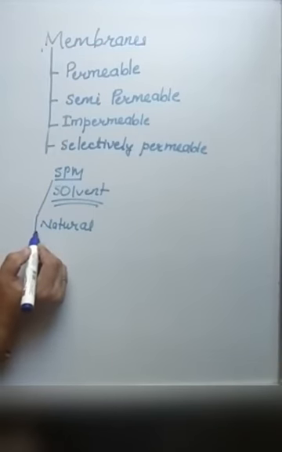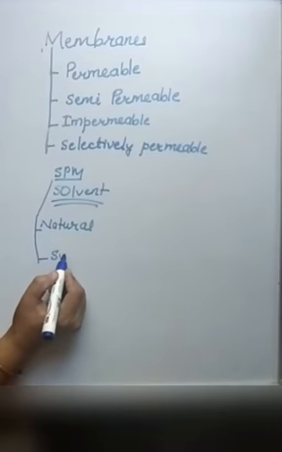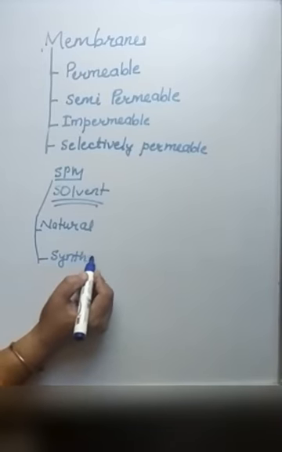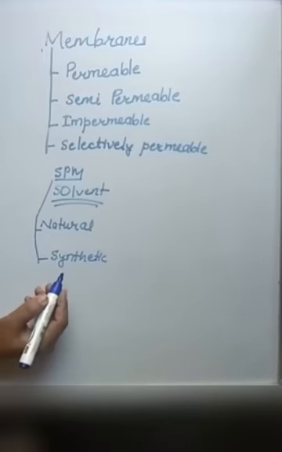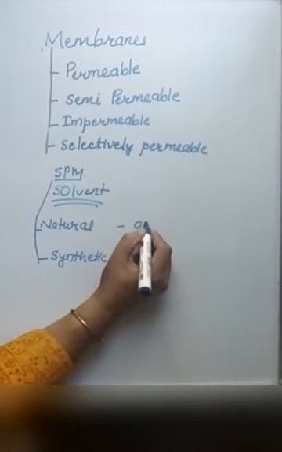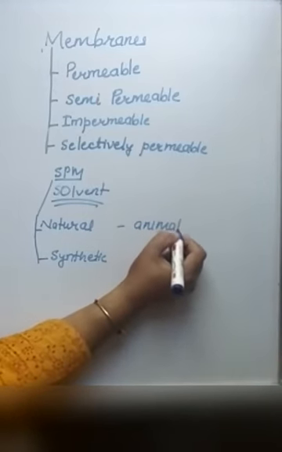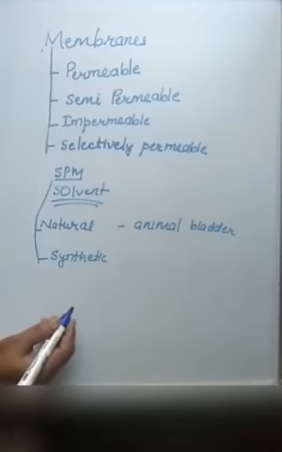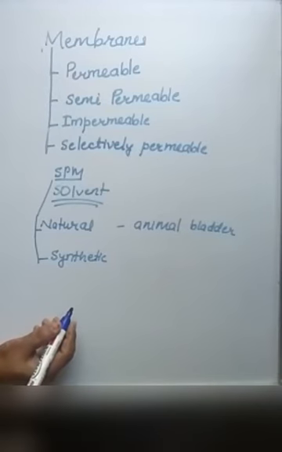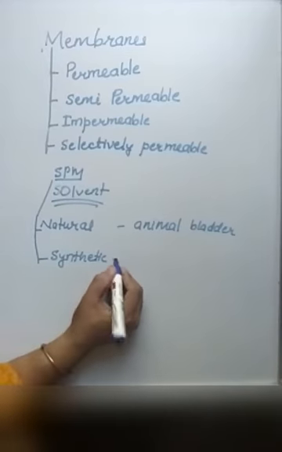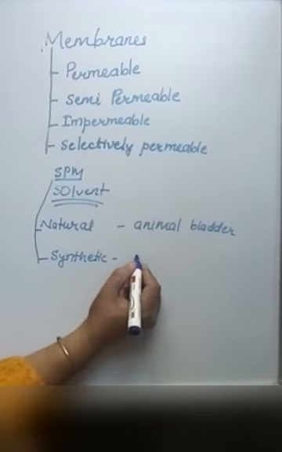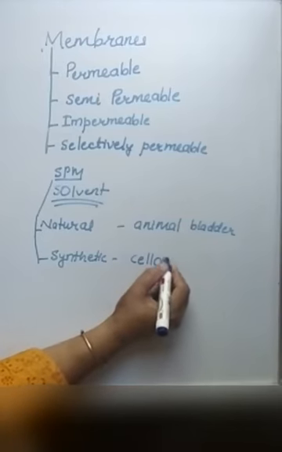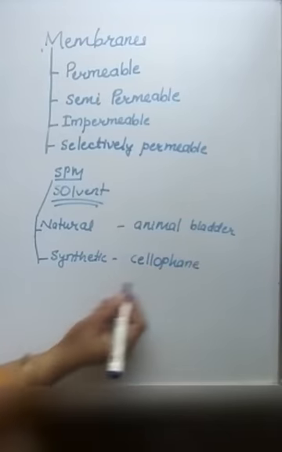We take natural first. We have examples of natural semi-permeable membranes like animal bladder, for example, pig's bladder, parchment. We'll see synthetic ones, like cellophane membrane.